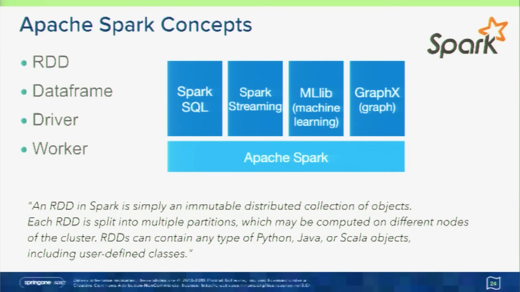This definition of an RDD came from the creator of Spark. A nice way to summarize it is that an RDD is an immutable partitioned data structure that, since it's partitioned, you can distribute the data processing to many nodes.